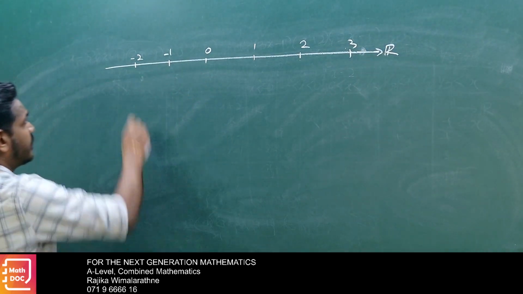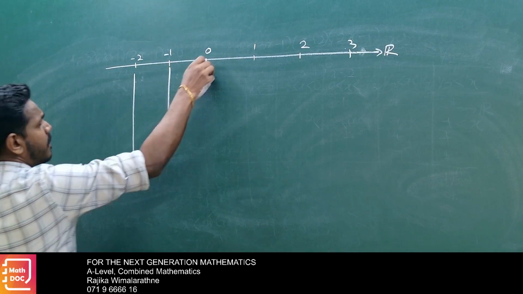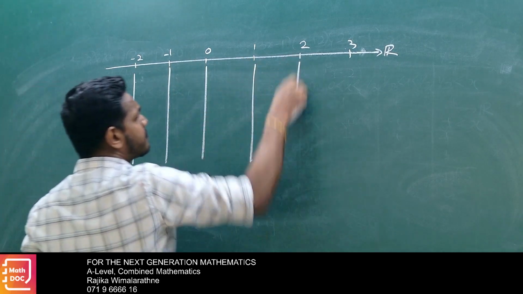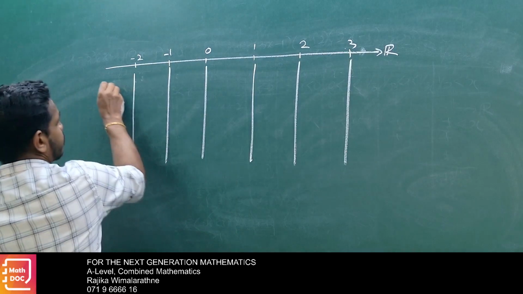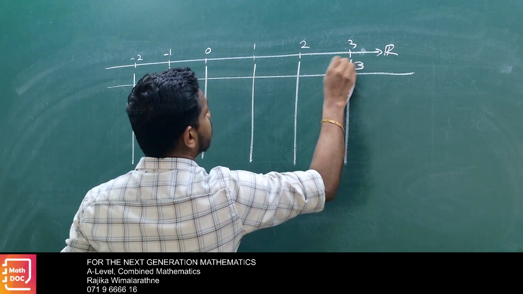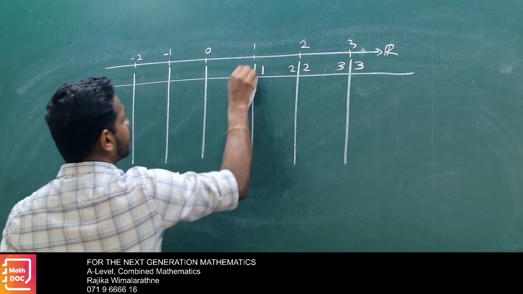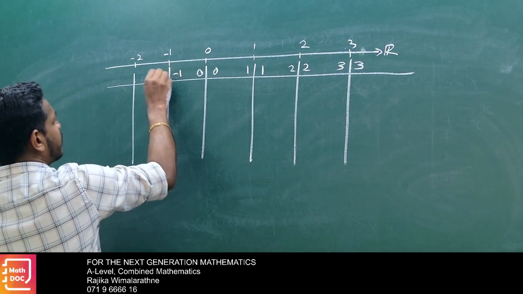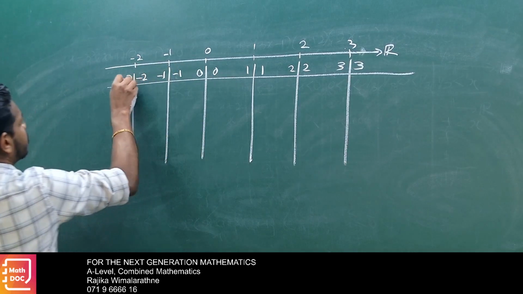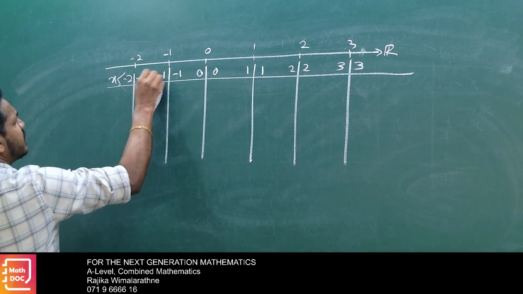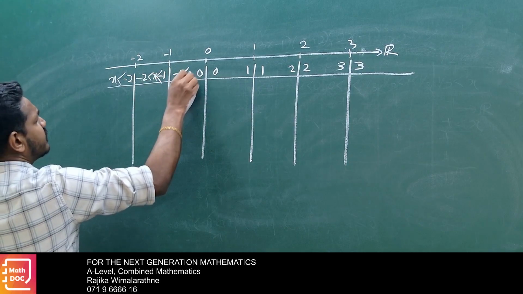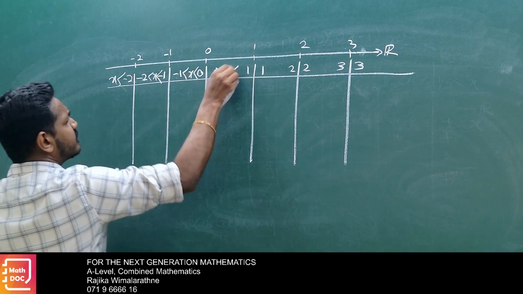Then 3, 2, 1, 0, minus 1, minus 2, in between minus 1 to 0.